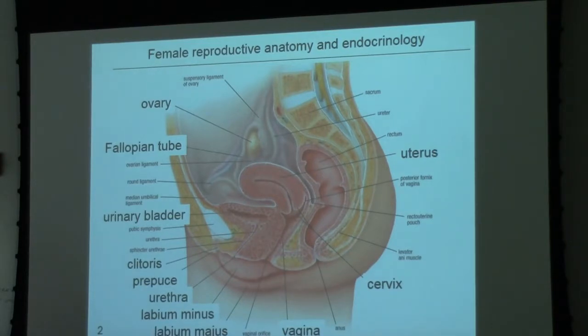The uterus has layers. It is a muscular organ, full of smooth muscle. But there is an inner layer called the endometrium and the muscular layer called the myometrium. Those words are printed on another slide.